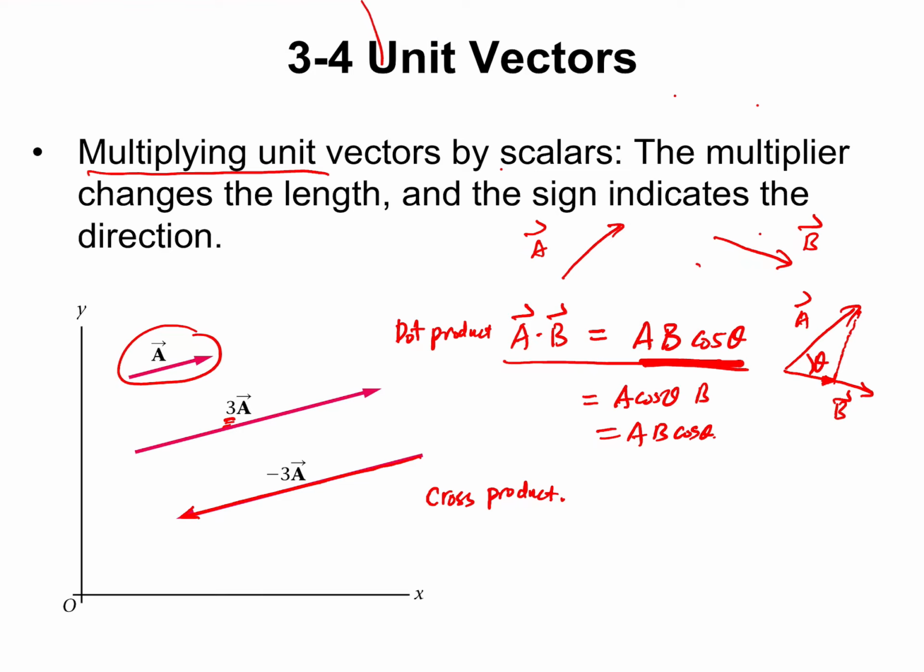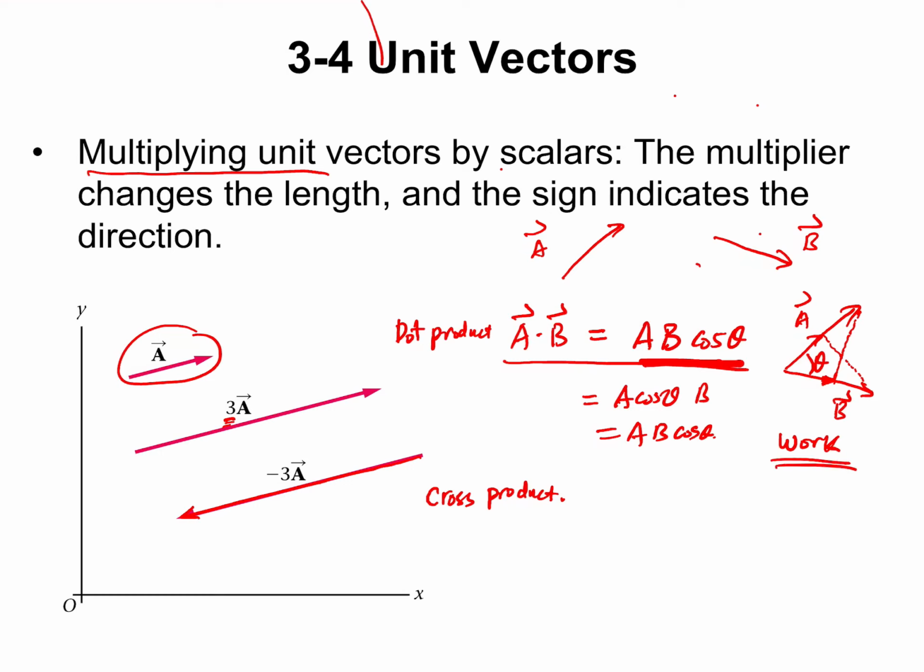You multiply their magnitudes together, okay? Or you can project B to the direction of A and do the multiplication. That's the meaning of the dot product. When we meet the dot product, I will tell you which physical quantity is a dot product. I will let you know now: work is a dot product. We will learn what work is later.